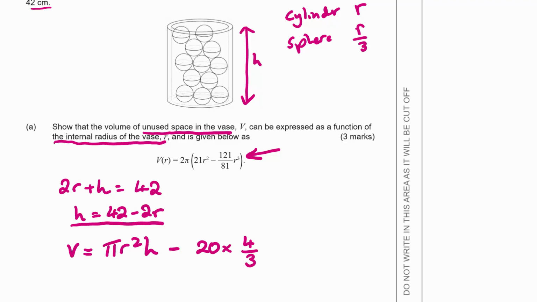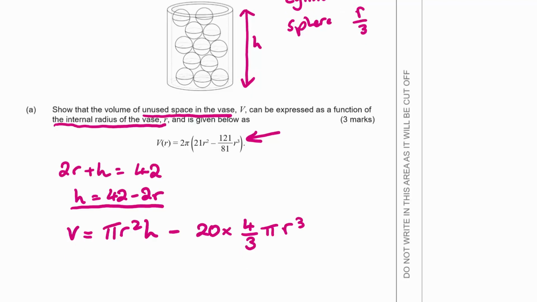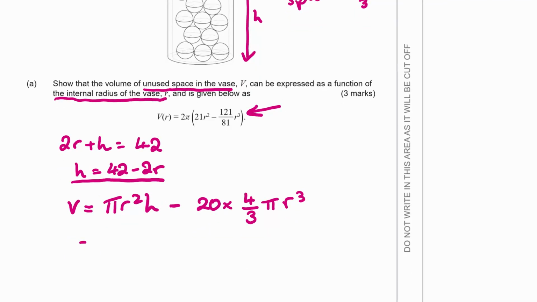So that's 4/3 pi r cubed. So this is going to be pi r squared, 42 minus 2r, take away 80 over 3 pi r cubed.